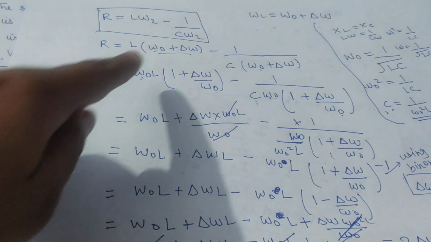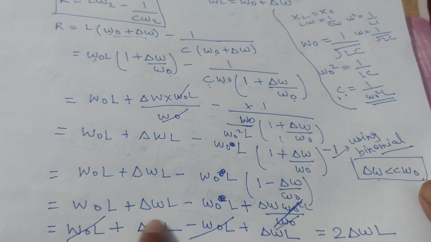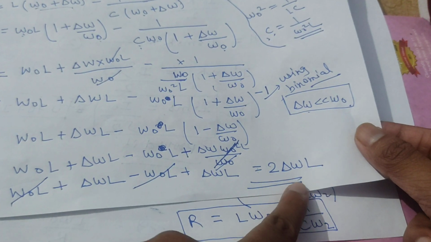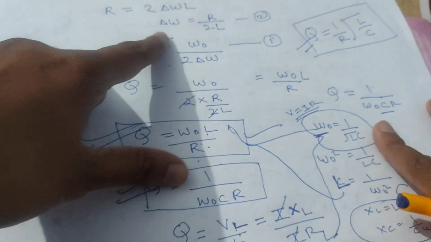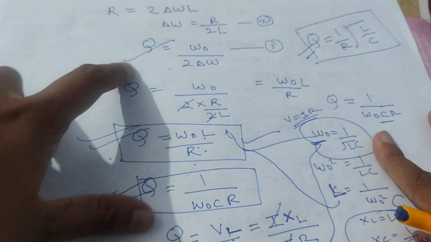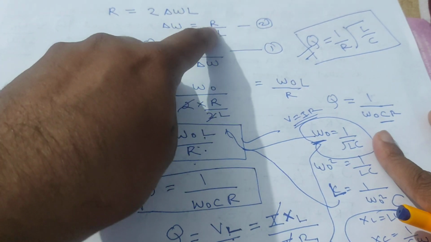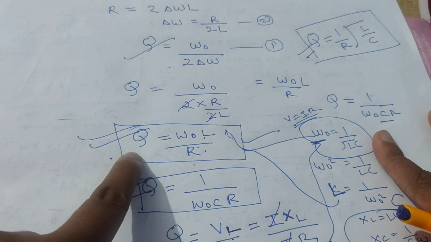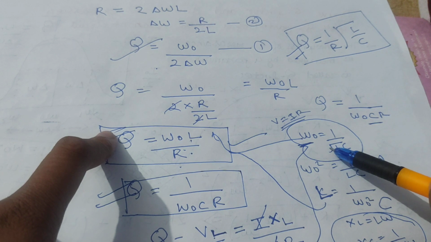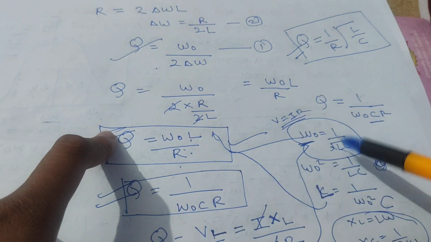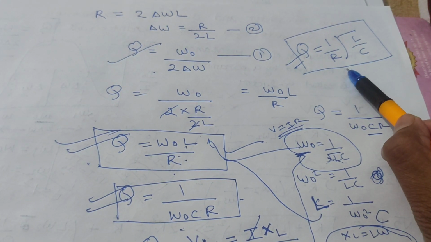After putting the omega 2 value, we'll solve and find R equal to this. Finally we compare these two equations: we put equation 2 in equation 1 and get this. While eliminating L, we use this form, put L from here, and we get the capacitance form, and this is the last formula.